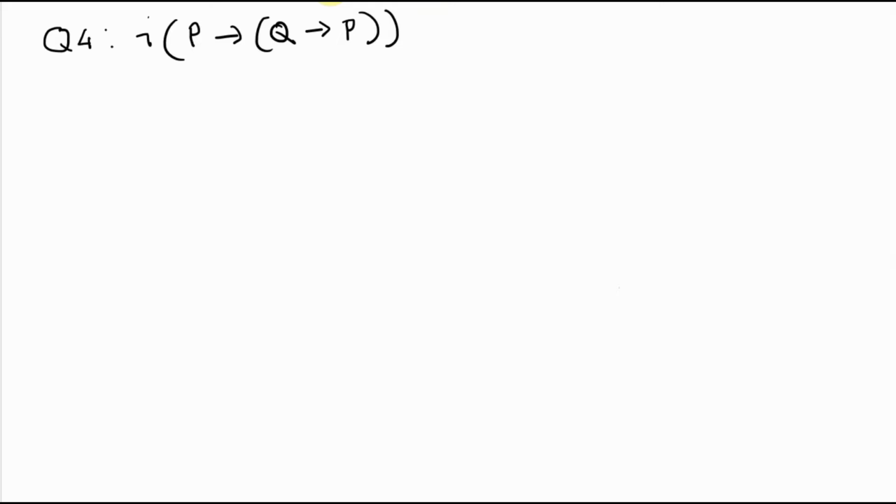A truth table will use all the inputs for P and Q, the variables, and give the output. So when you look at the output, you can make some conclusion about the compound proposition like this one.